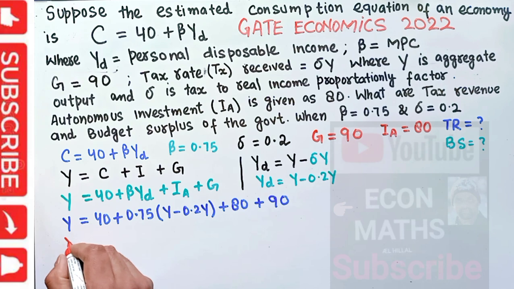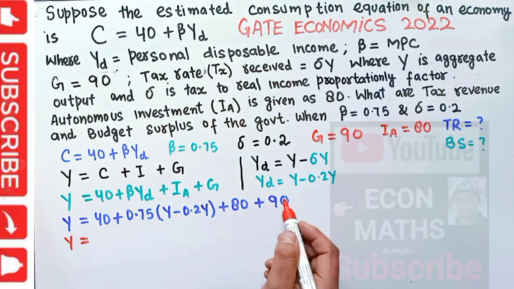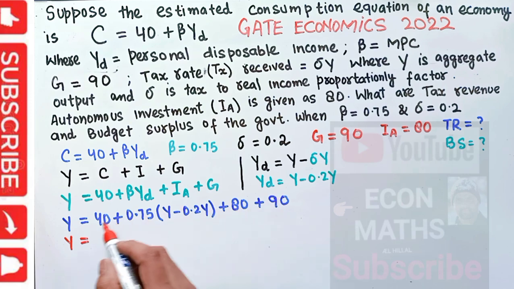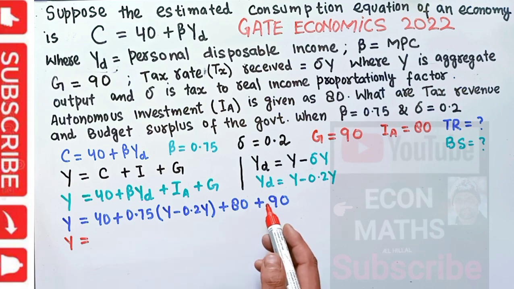So we get Y is equal to, let's add up these constants first. We have 40 plus 80 plus 90, so this comes out to be 210.